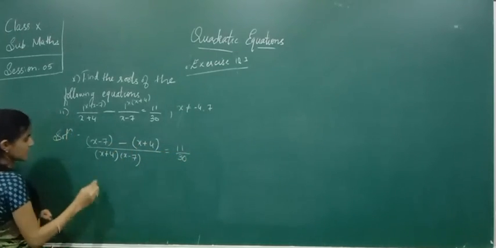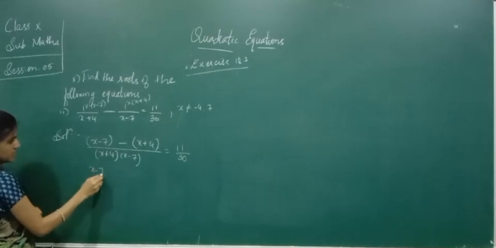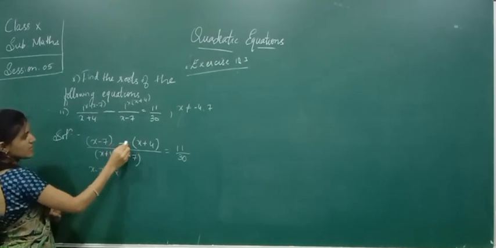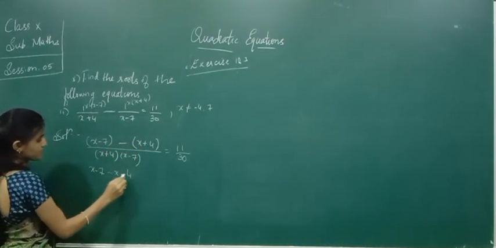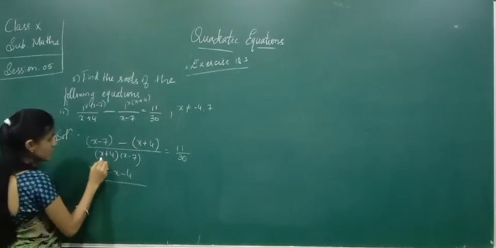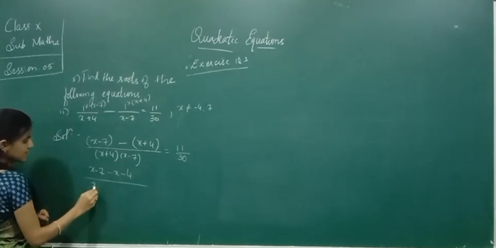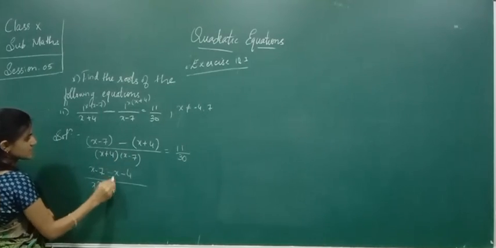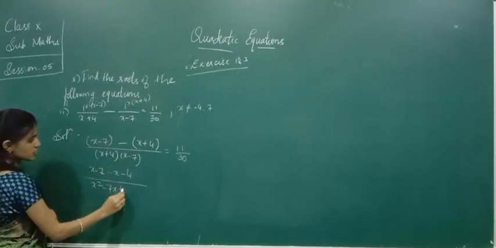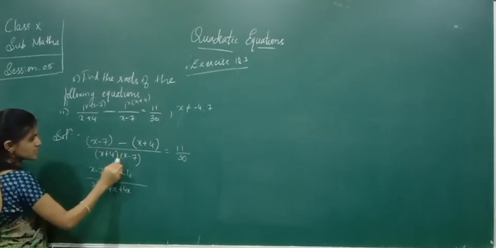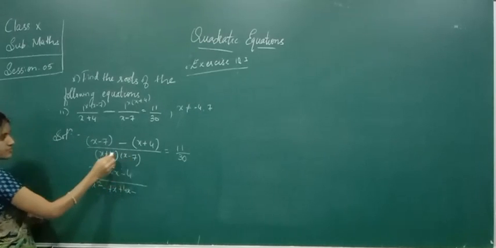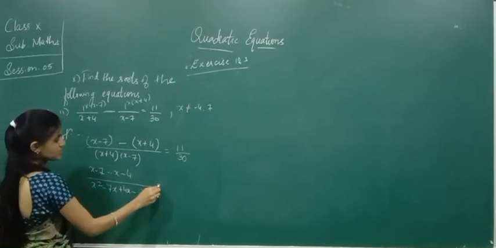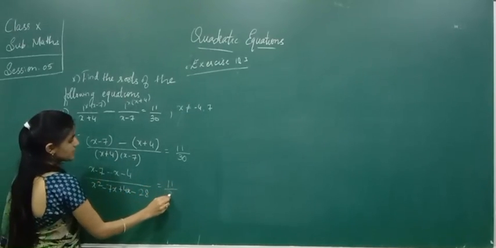Now just simplify. x minus 7, minus into plus is minus x, minus into plus is minus 4, whole divided by x into x, x square, x into 7, minus 7x, plus 4 into x is plus 4x, plus into minus is minus, 7 4s are 28. This will be equal to 11 by 30.